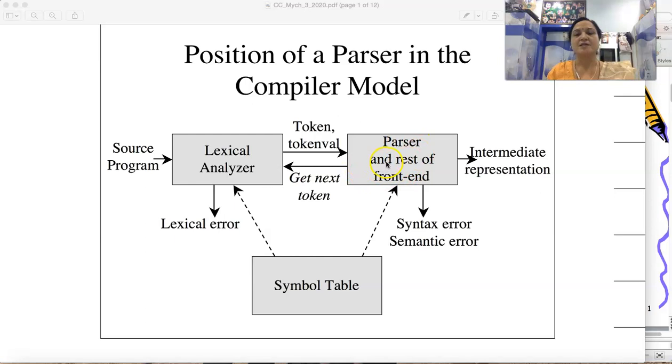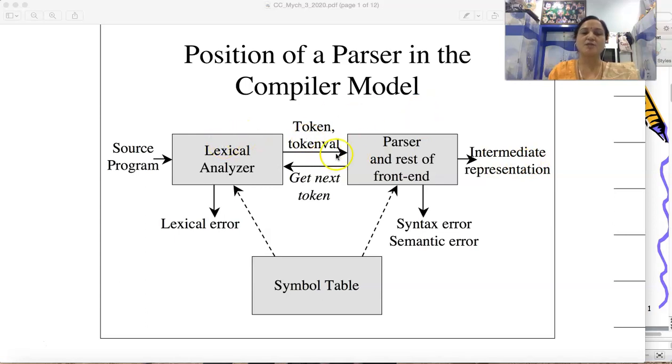After constructing the syntax tree from the tokens, it will check whether there is a syntax error or semantic error in that syntactic structure. If any error is there, that is shown to the user. The output of the parser is the syntax tree, which is given as an input to the next phase of the compiler, that is intermediate representation.